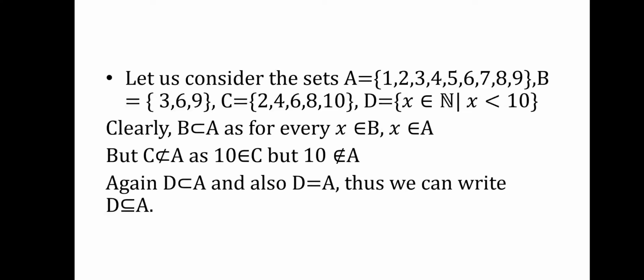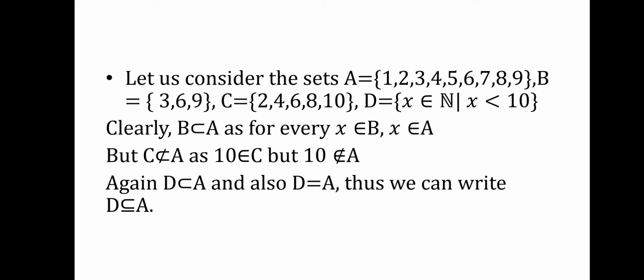Next. Now see this, D is a subset of A for sure, because D is pretty much exactly equal to A. So therefore we can say that D is a subset of A as well as D is equal to A, and hence I can write D is a subset and equal to A. This is more like greater than or equal to or less than or equal to.